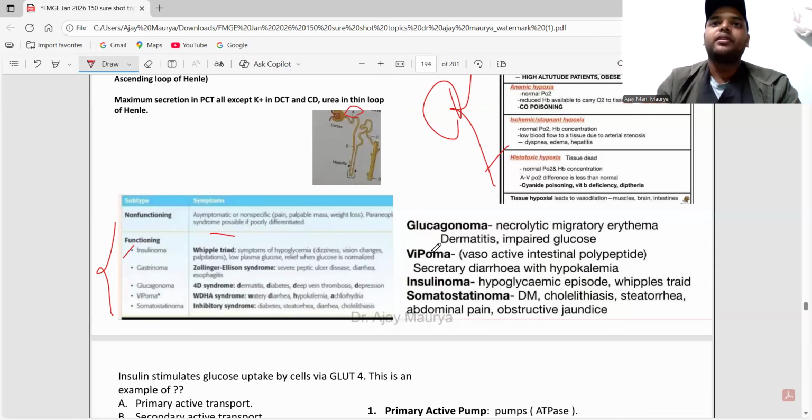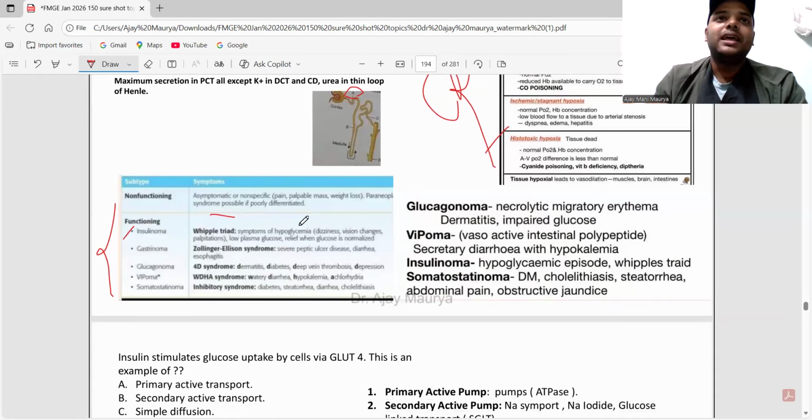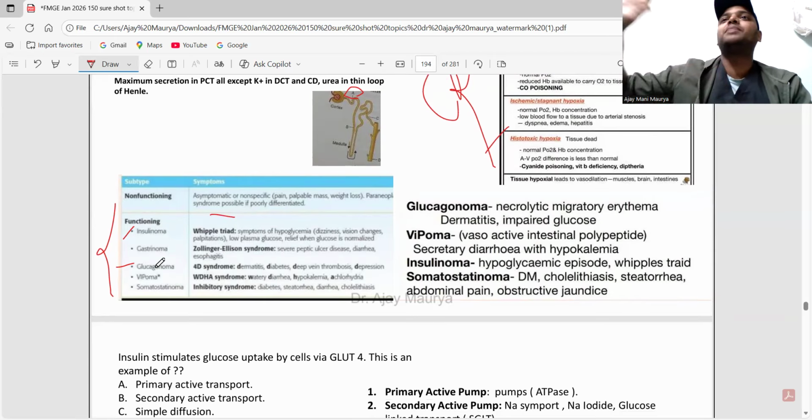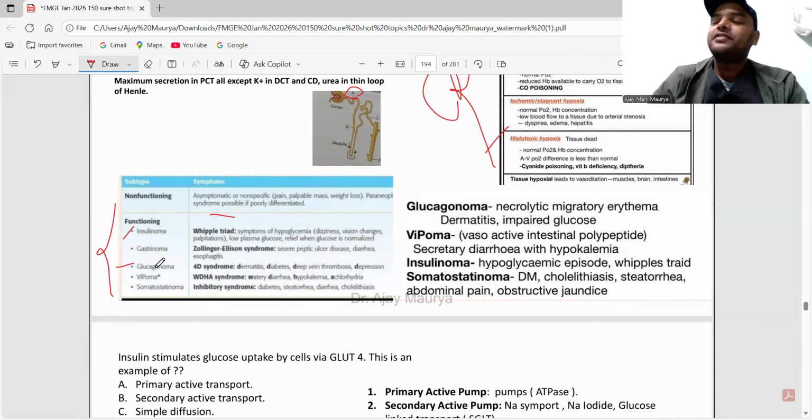Next one is the glucagonoma. In glucagonoma, what happens here? They will give one skin condition. What is the function of glucagon? It will cause hyperglycemia. What if there is a tumor in the alpha cells, the glucagon cells?